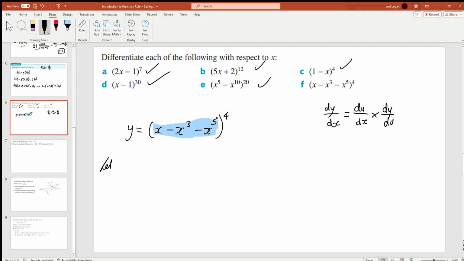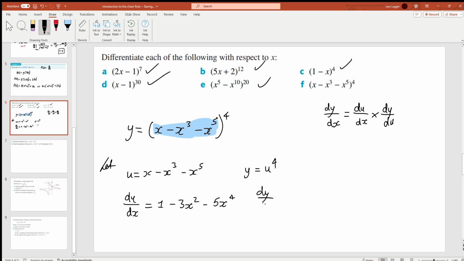So let u equal x minus x cubed minus x to the 5, and y equals u to the power of 4. So differentiate this side, du dx equals 1 minus 3x squared minus 5x to the power of 4. dy du equals 4u to the power of 3.